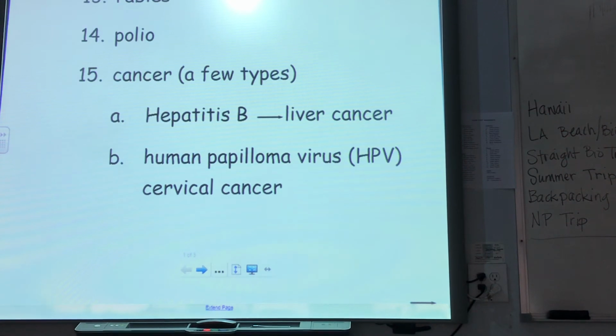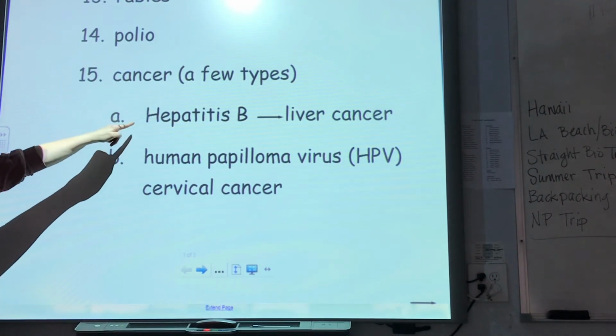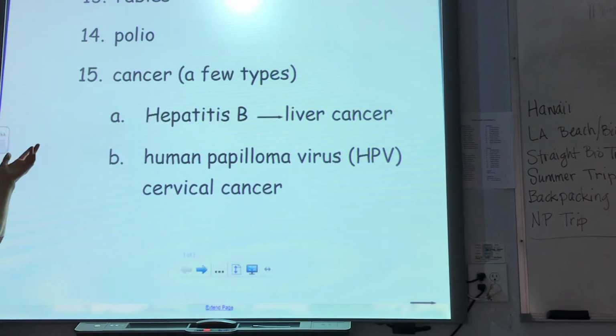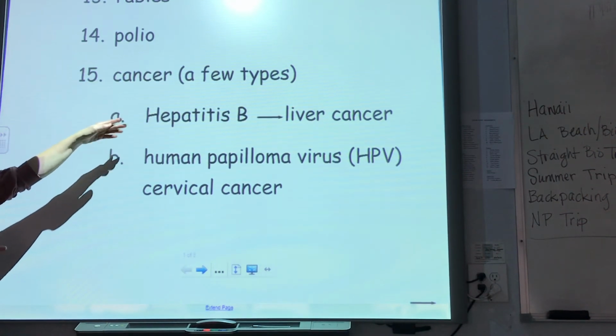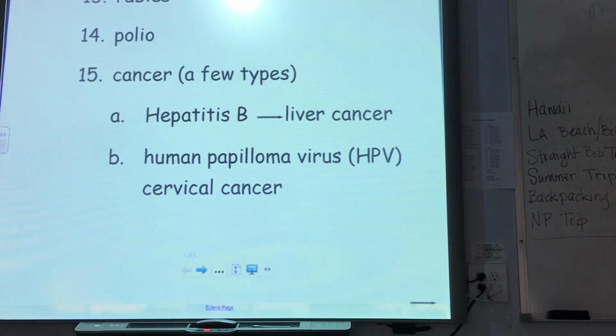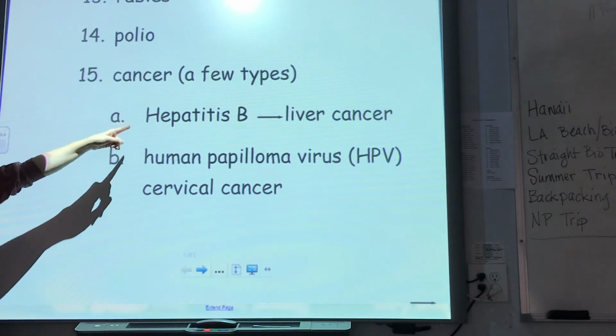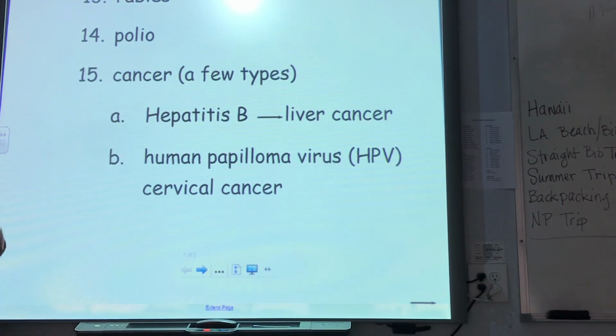And there are a few types of cancers that are caused by viruses. For instance, hepatitis B is a virus that will make you sick and give you liver failure, but if you have it and live with it long enough, it can also cause liver cancer.